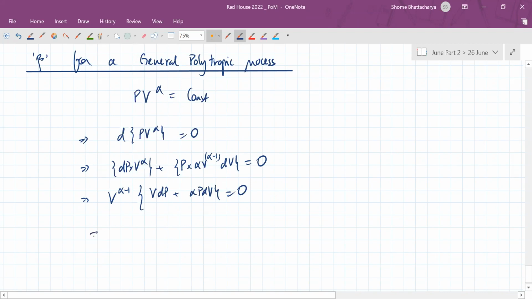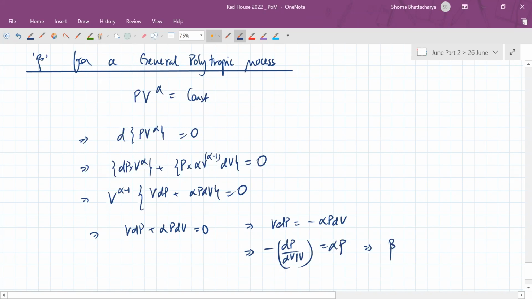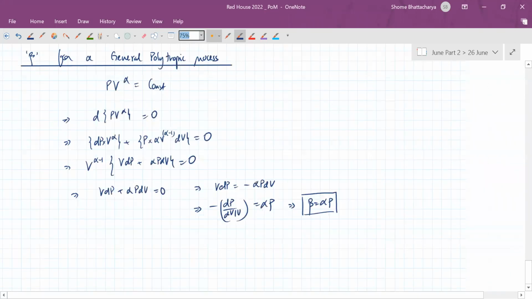So obviously volume is not 0. So V dP plus alpha P dV must be the term which is 0, which basically means that dP into V is minus alpha P dV, or minus of dP divided by dV by V is equal to alpha P. So that means the instantaneous bulk modulus is the instantaneous pressure multiplied by the polytropic exponent alpha.